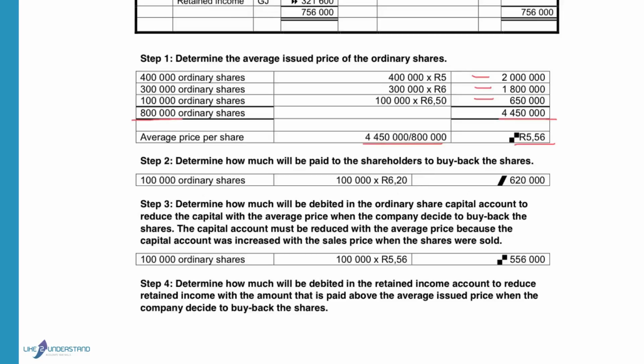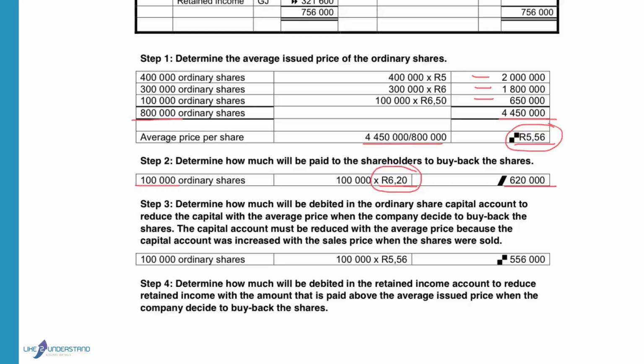If we look at the ledger accounts, we will see that the ordinary share capital account will decrease with the average price, 100,000 times R5.56. The retained income will reduce with the amount that was paid higher than the average price. If we look at our ordinary share capital account now, we see that the closing balance is 3894.